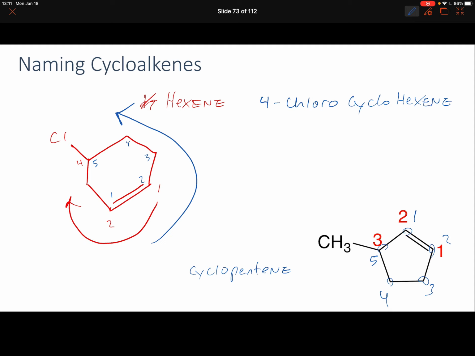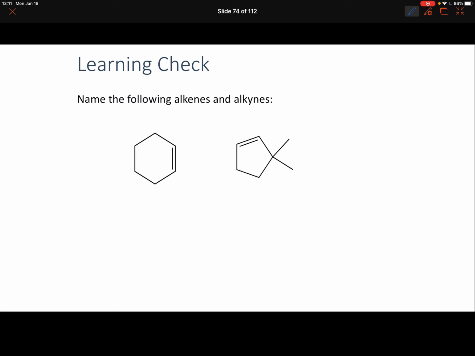Here, the methyl sits on the 3. 3-methyl cyclopentene. So the carbon atoms in the ring are numbered to give, again, the double bond between 1 and 2, and then the lowest possible number to any substituent that you come across.